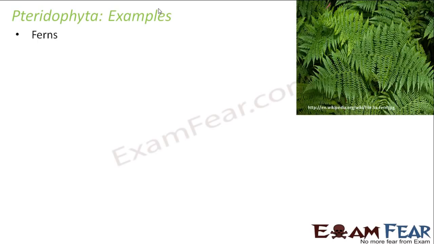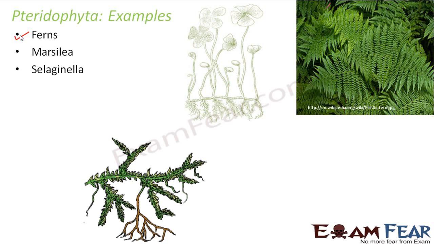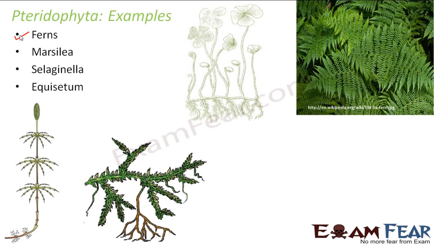Let us look at some examples of pteridophytes. Ferns are one of the best examples, and I'm sure all of you would have seen ferns. You generally have ferns as decorative plants. You do not have flowers on these, but they look nice. Marsilea, Selaginella and Equisetum are some other examples of pteridophytes.